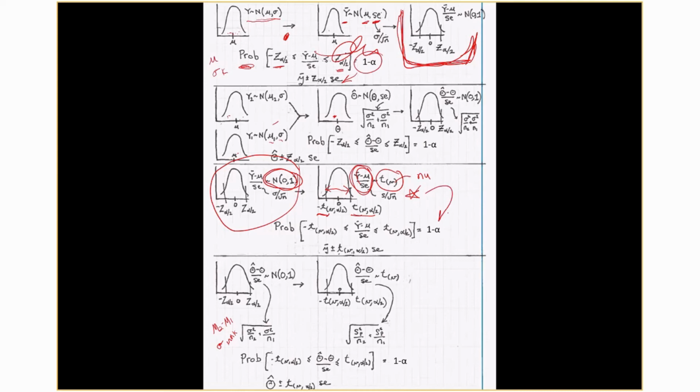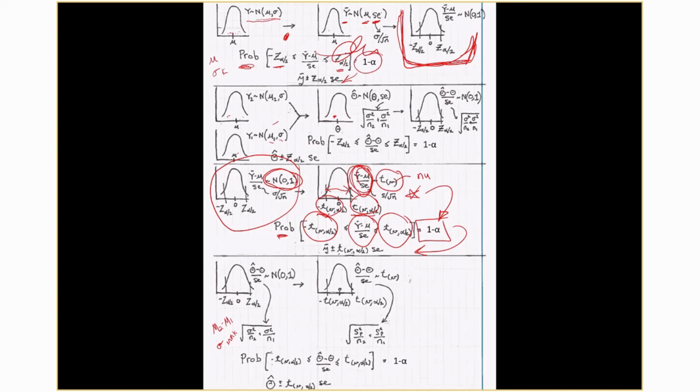It's represented algebraically here. So if we think of y bar minus mu divided by standard error, the probability that it lies between minus t and plus t is equal to 1 minus alpha. We dance around the inequality sign, and that gives us our final answer that we actually use to solve problems.